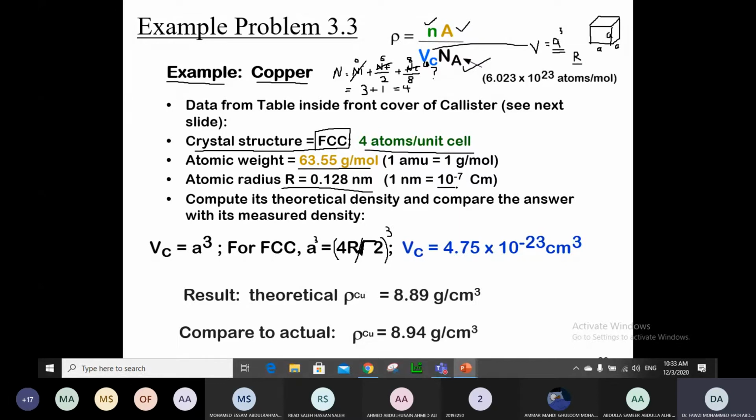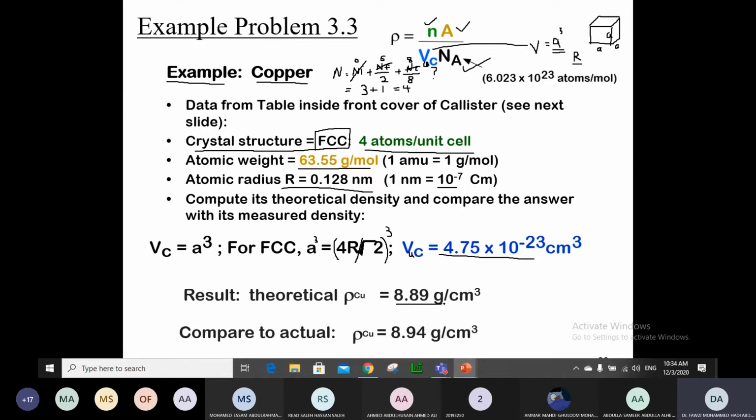So you use that number for R, plug it in, and cube the whole thing. You will find the unit cell volume becoming that much. Plug this number in instead of the VUC here, along with the other numbers you have.